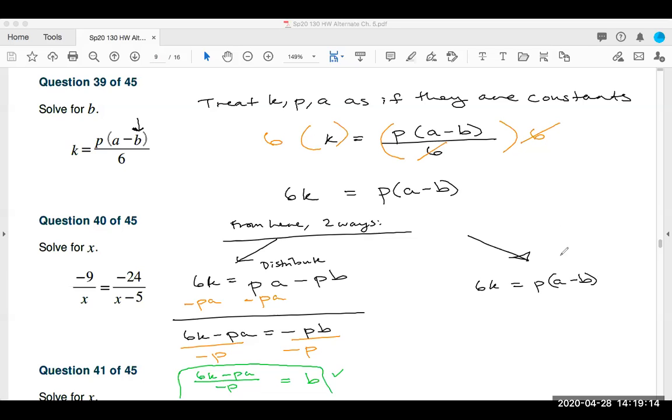For this way, I'm going to divide P out first. Okay. So then I have 6K over P equals A minus B. You can drop the parentheses once it's the only factor by itself. Then I'm going to subtract A from both sides.